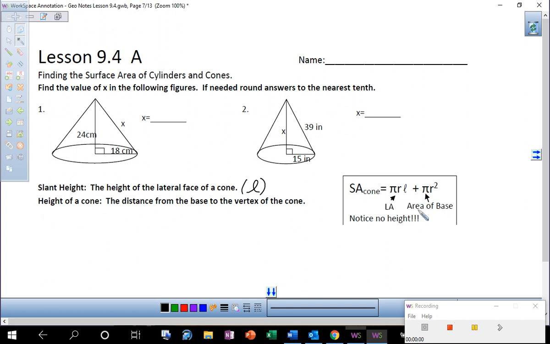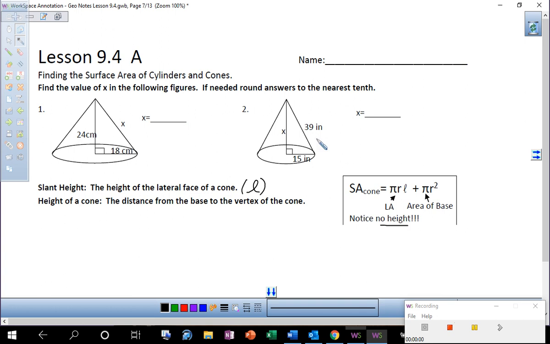Our formula does not have the actual height. So in the case of 24 here, or this x, we don't actually need that information for finding the surface area of the cone. We need the lateral height. So that's very similar to what we saw on our pyramids.